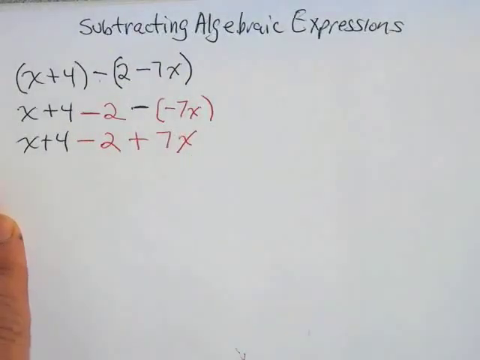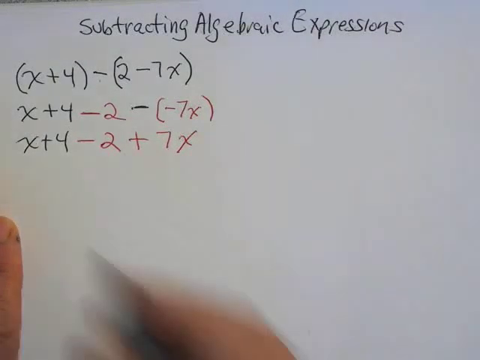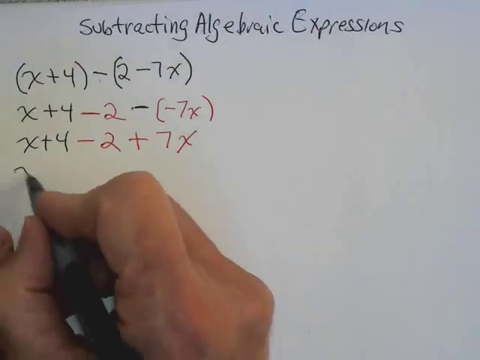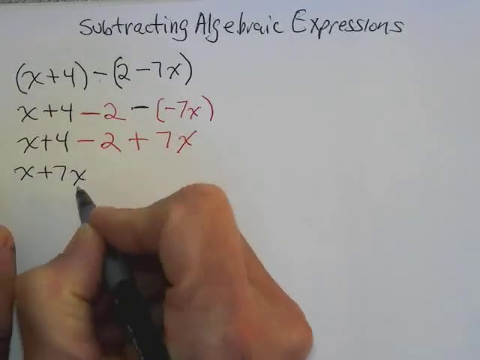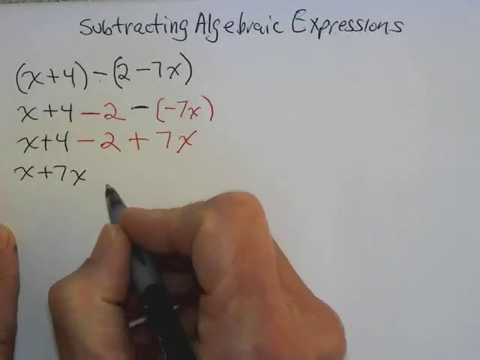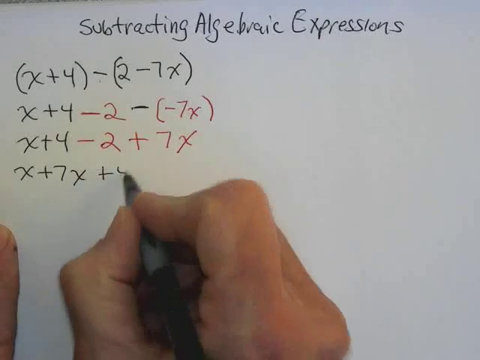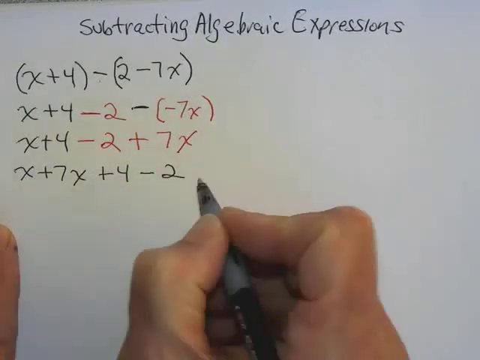And now I'm going to use the commutative property to rearrange my terms so I can get everybody together. And I, of course, would then have x plus 7x, plus 4 minus 2.